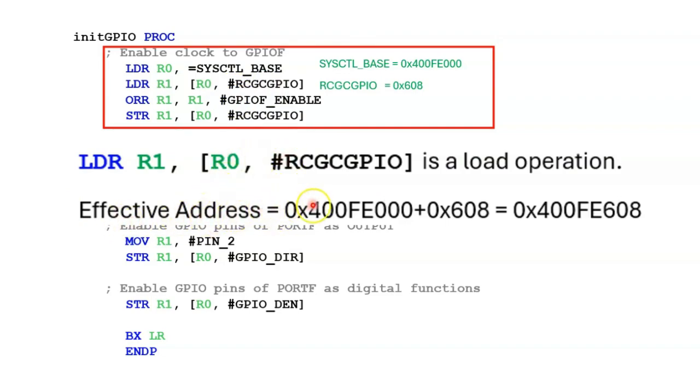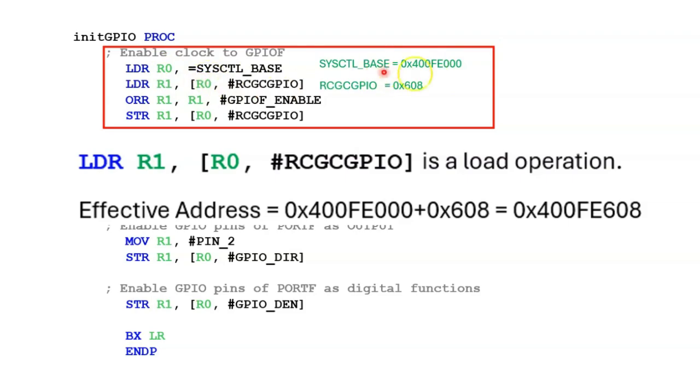Remember, in R0 we already stored 400FE000 hexa.